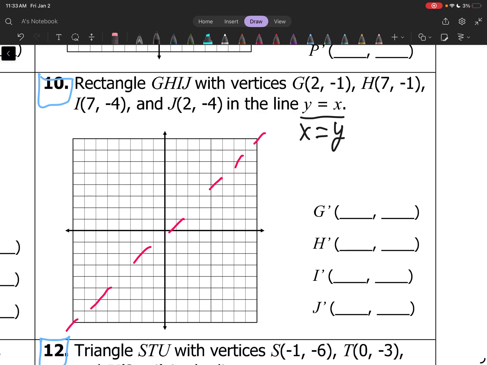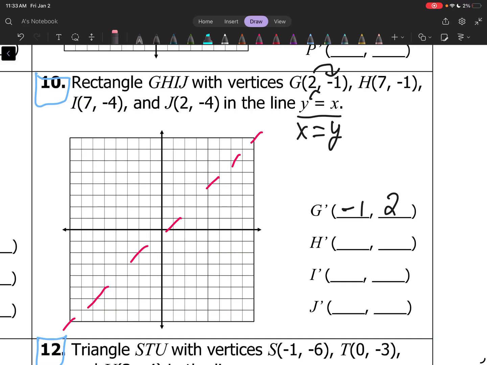So for G, it was 2, -1. I'm moving the order. It is now -1, 2. So -1, 2, -1, 7, -4, 7, -4, 2. You can draw that figure. There's your coordinates. Finished.